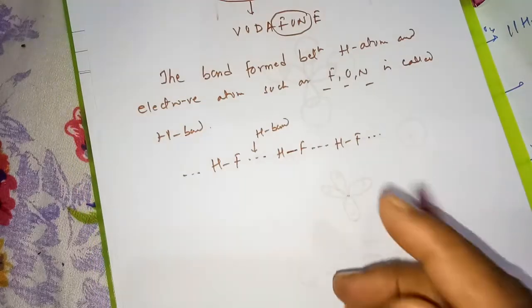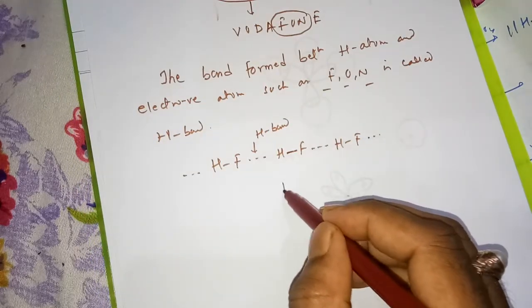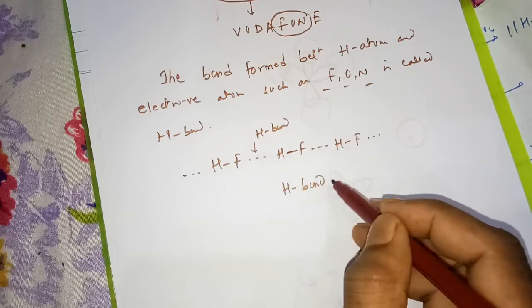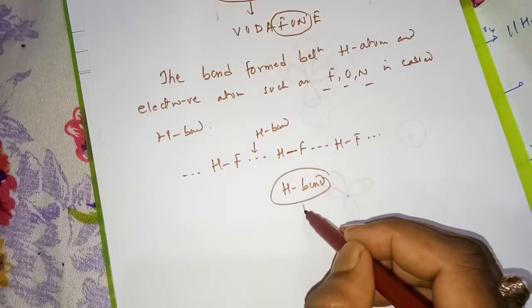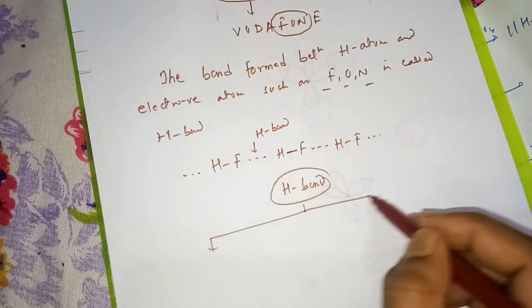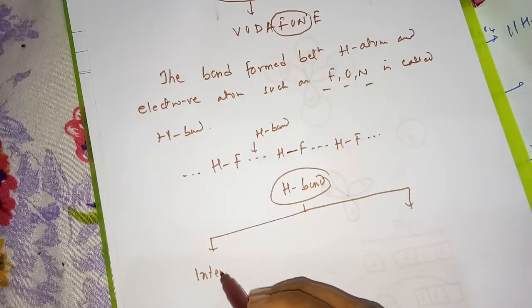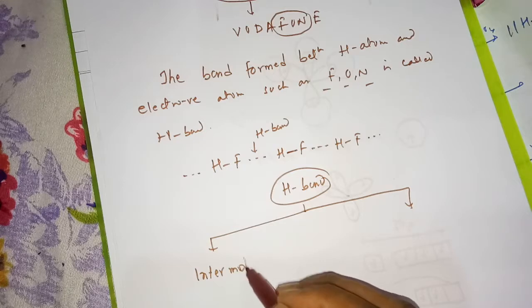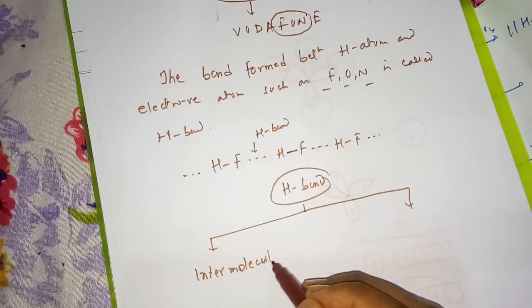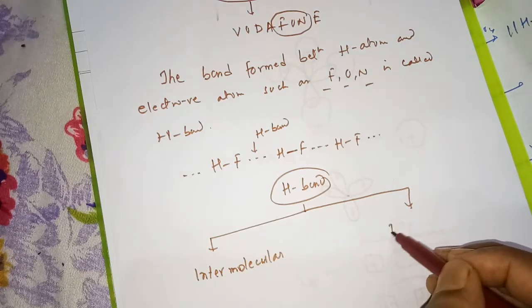Now hydrogen bonds are of two types. One is intermolecular, another one is intramolecular.